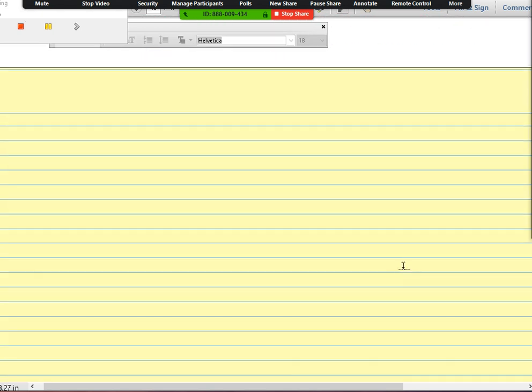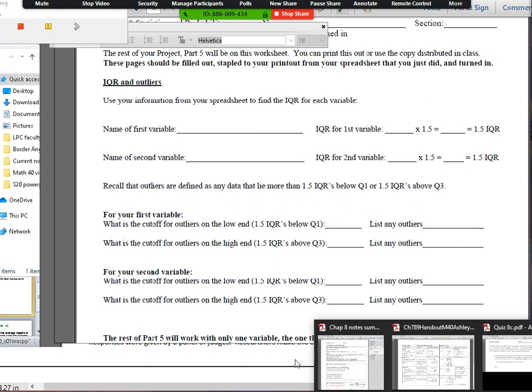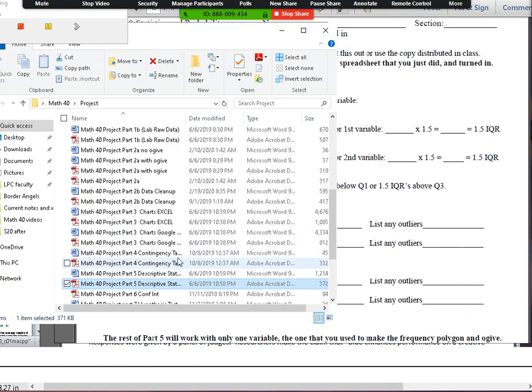And then you're going to have a part also where, really I don't have this printed. Here it is.